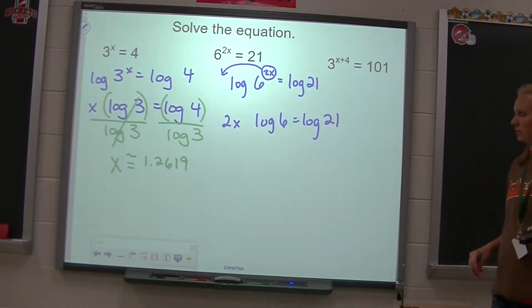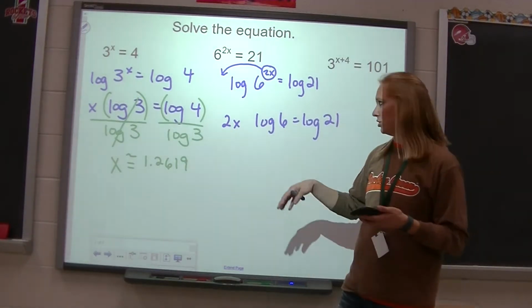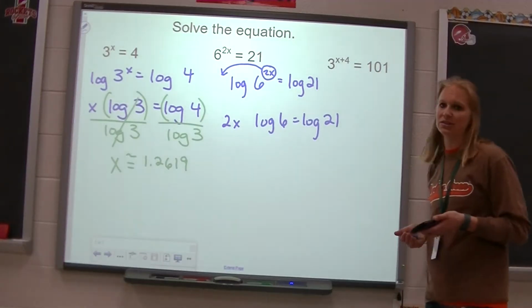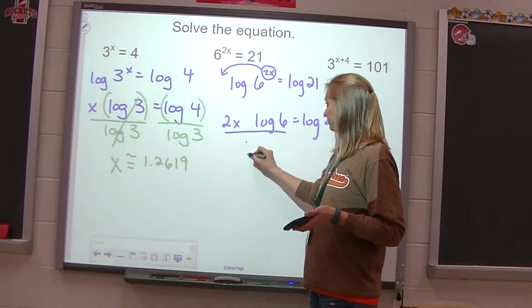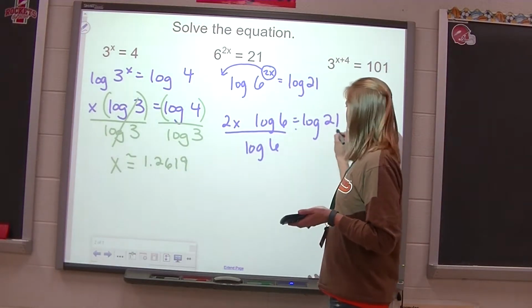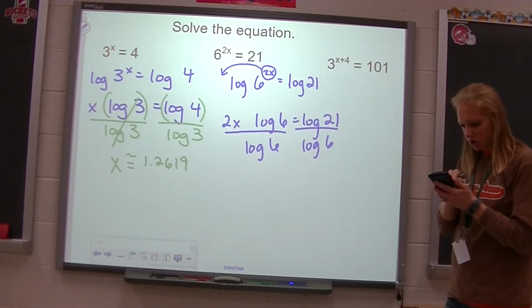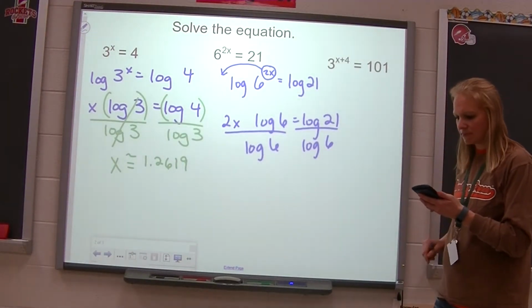You can do this a couple different ways. Because you know that multiplication is commutative, you could move this around and divide everything by 2 log 6, 2 times log 6. Or you might not see that. So what you might need to do is go ahead and divide both sides by log of 6. So we're going to have log 21 divided by log 6.